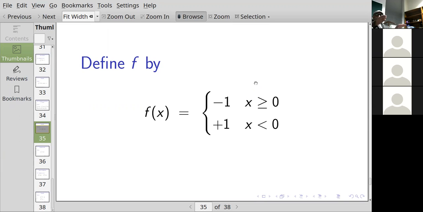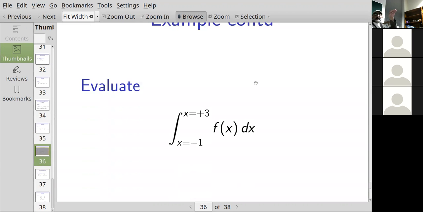Okay, so think about the graph of the function for a second. For negative values you're taking +1, and then when you hit 0, you start taking values -1, right? So if you want to do this, you would go from -1 to 0 with a height of +1.